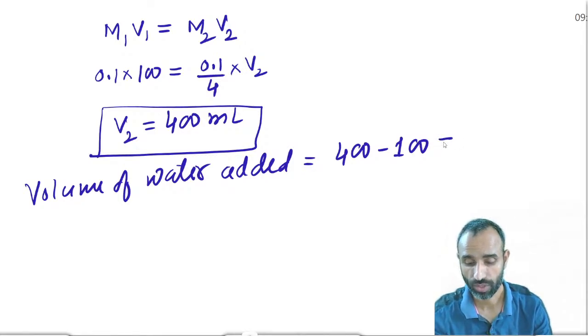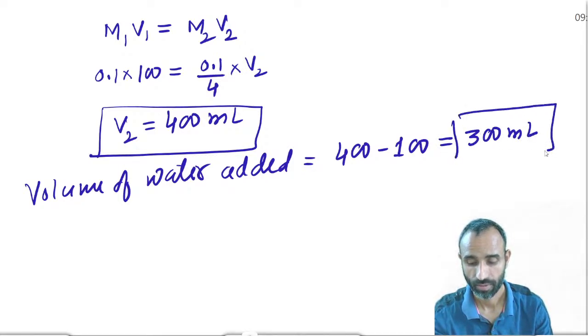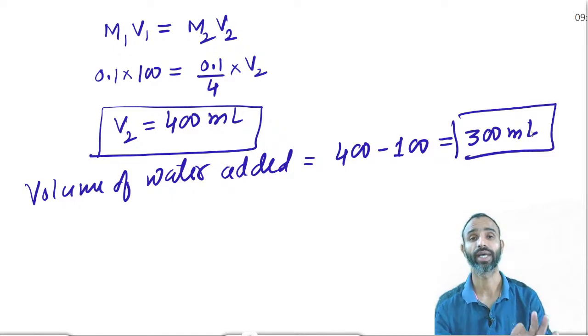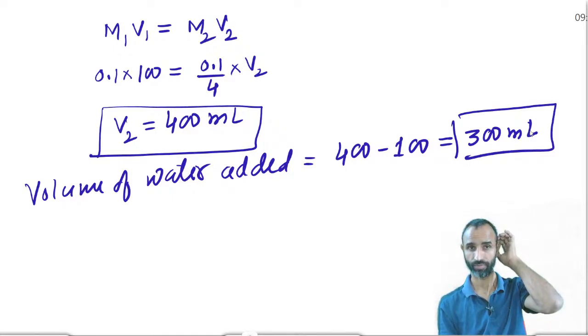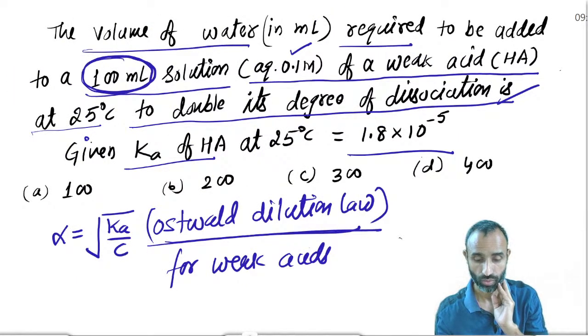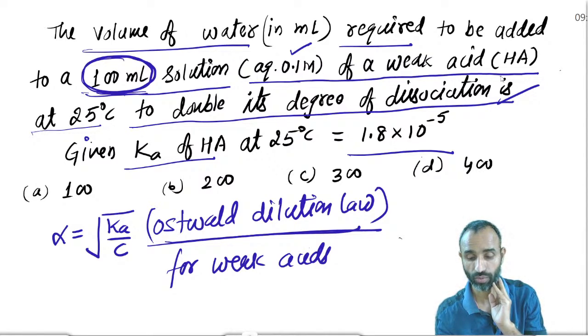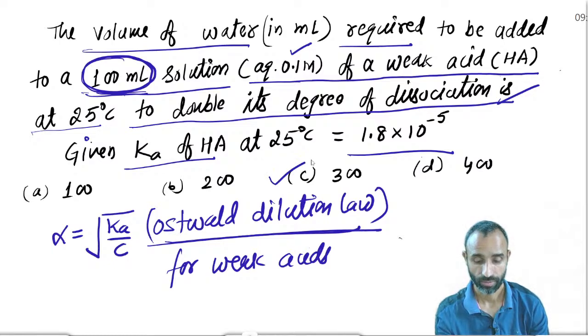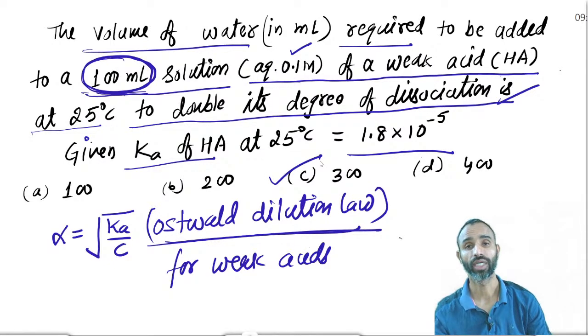So how much water is added? We have added 300 ml of water. So the volume of water required to be added to 100 ml of 0.1 molar weak acid to double its degree of dissociation is 300 ml.